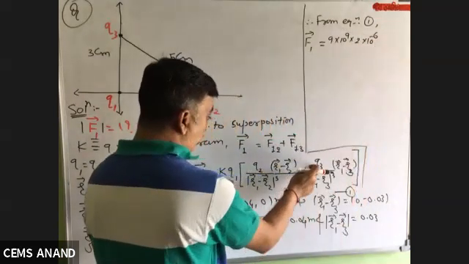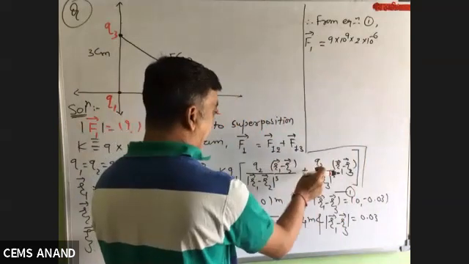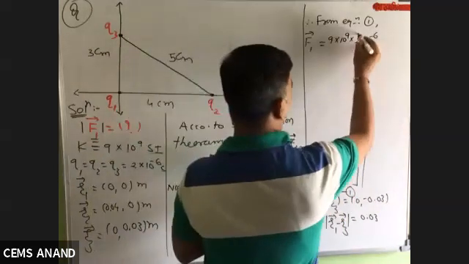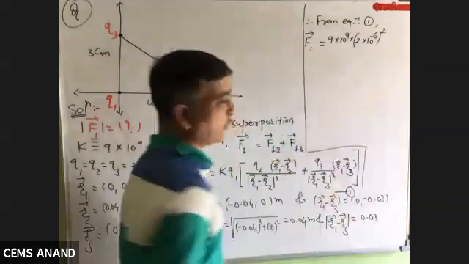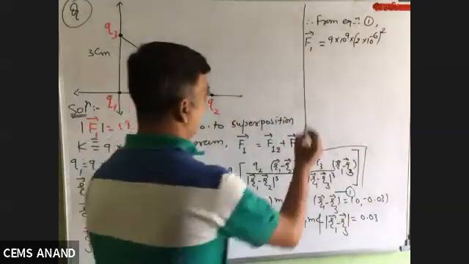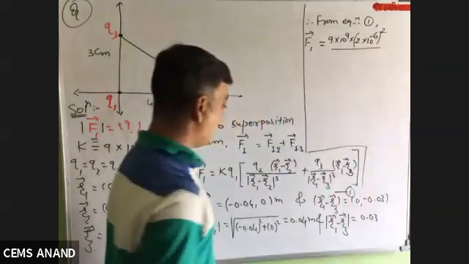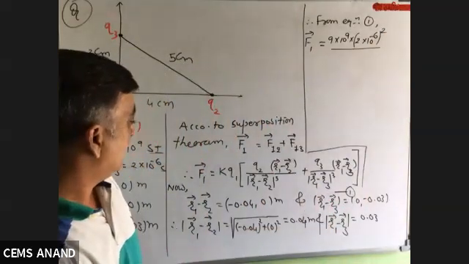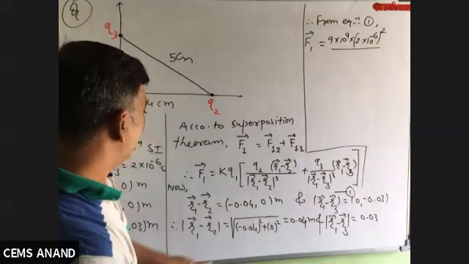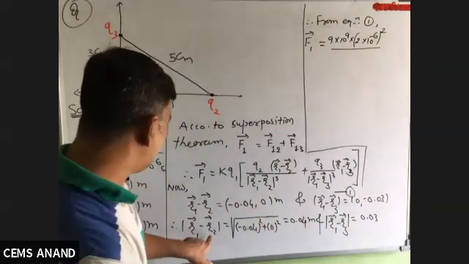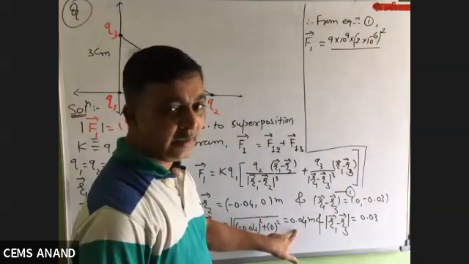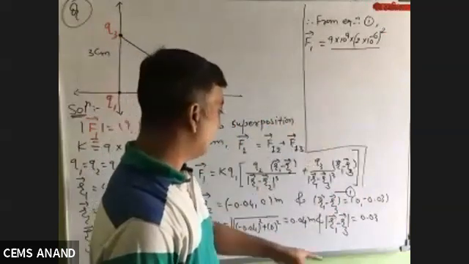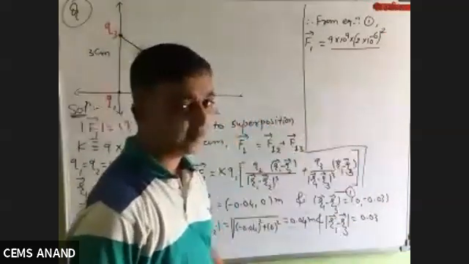See, Q2 and Q3 also have the same value, so let's take it common. That's why this becomes a square now, divided by R1 minus R2 and cube of it. Similarly here, cube of it.